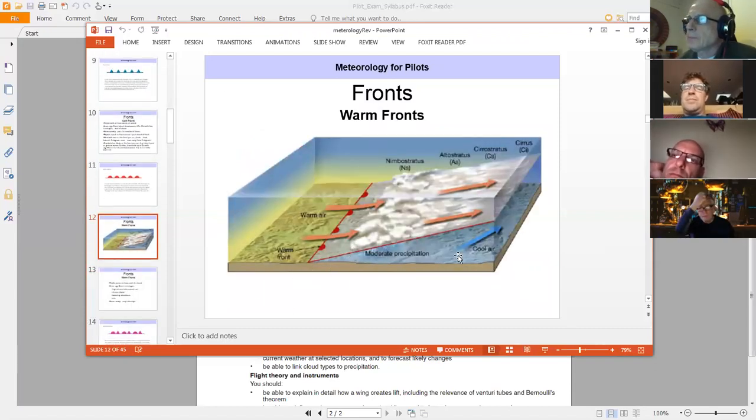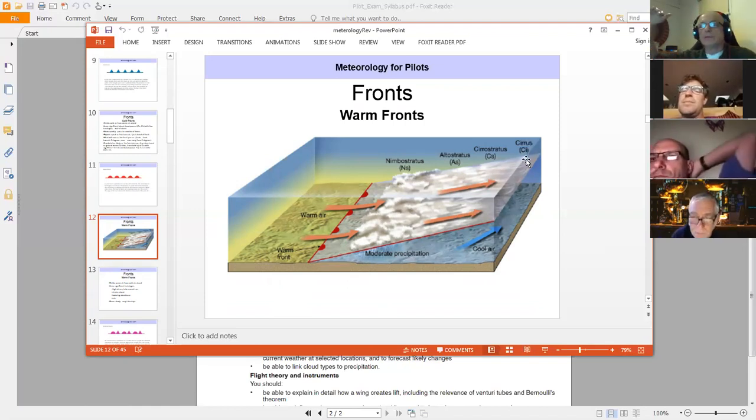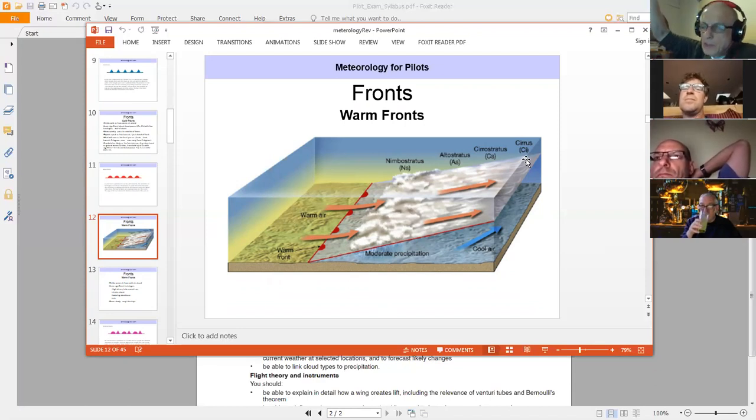So here we see a warm front coming through, and what you'll often see in advance of that is the high cirrus. So you get a day and you look up and you see lots of cirrus coming through, then it's usually a fair prediction that a warm front is on its way.